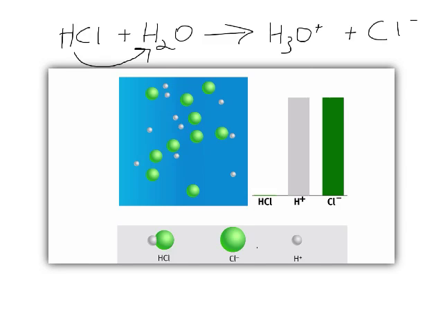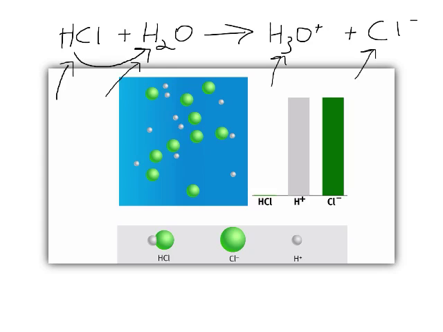So in terms of the Bronsted-Lowry system, we would call this one the acid, and this one, the water, would be the base. This would be the conjugate acid, and this would be the conjugate base. And we draw a single arrow because we are assuming that this reaction goes to completion.